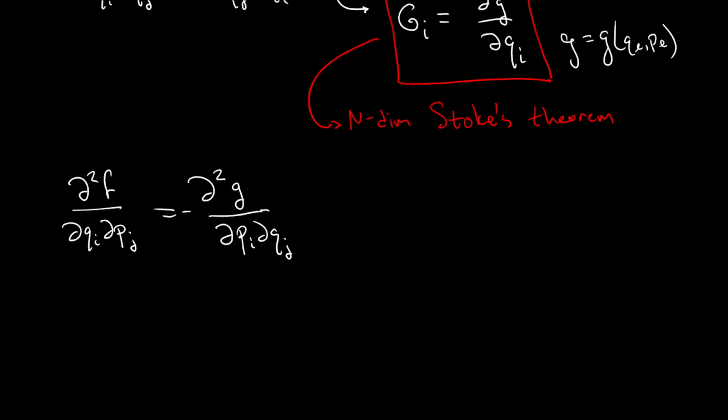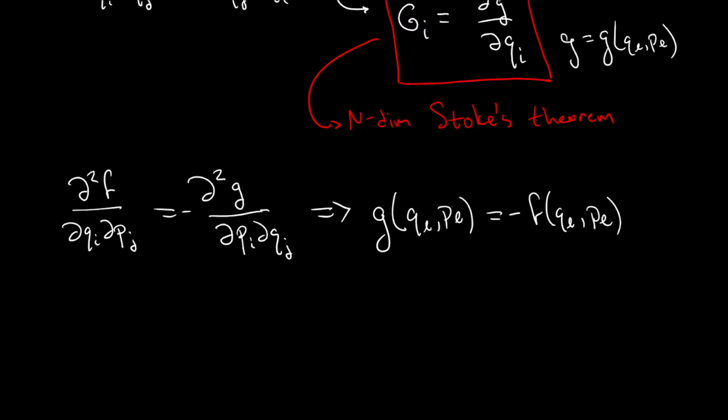We can go ahead and solve this equation, and hopefully it's somewhat straightforward to see that g of q_L, e_L is equal to minus f of q_L, e_L plus a constant.